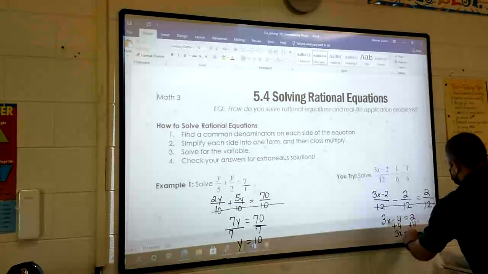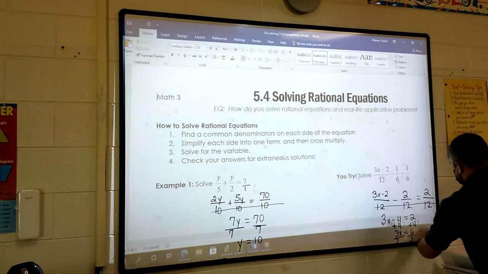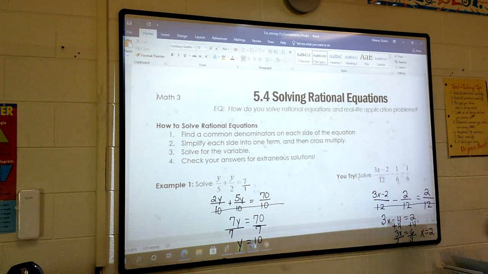And when we divide by 3, we get x equals 2. So these seem pretty good so far. All you're trying to do is find that least common denominator. Once you've found it, you're able to forget the bottom of the fraction and just solve it like a regular equation. Okay, so that's all of example number 1.